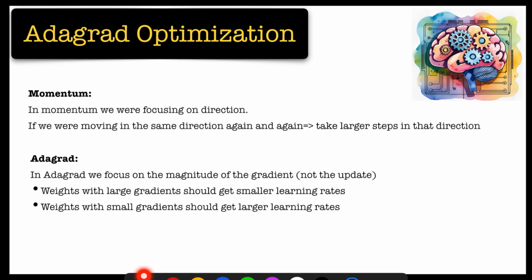In momentum, we focus on direction: if we move in the same direction again and again over multiple iterations, we take larger steps in that direction. In AdaGrad, we focus on the magnitude of the gradient, not the direction. So that's the difference between momentum and AdaGrad.